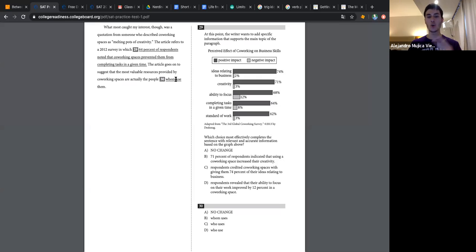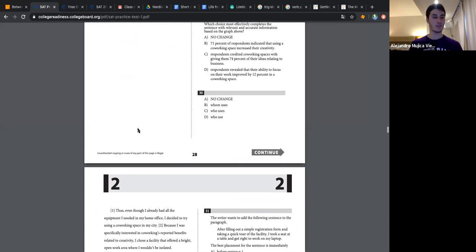Who is the subject and whom is the object? That's how it works. So A and B are wrong. And then the people being plural, who uses it or use it? People who use it. So D is the correct answer in this case.